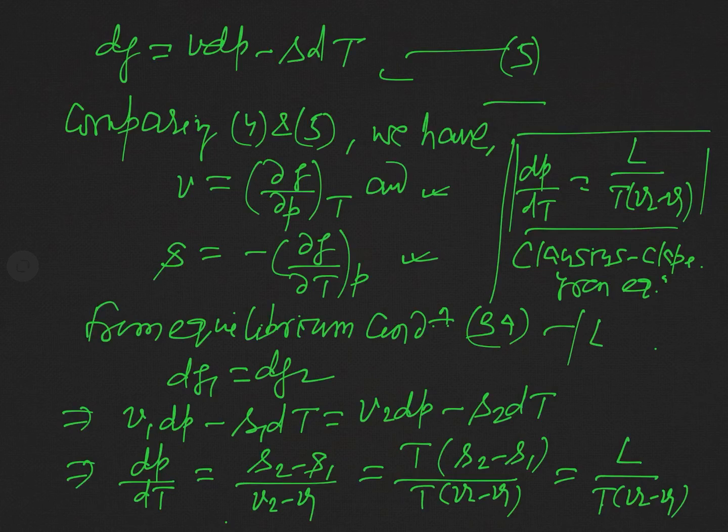And you know here L is a specific latent heat. So you see how I have found the Clausius-Clapeyron equation dealing with the idea of first order phase transition.